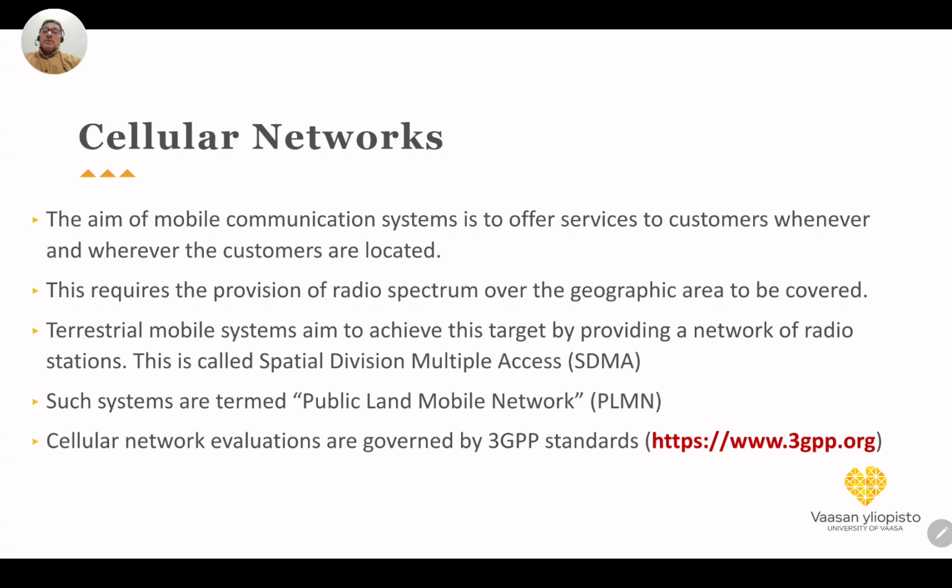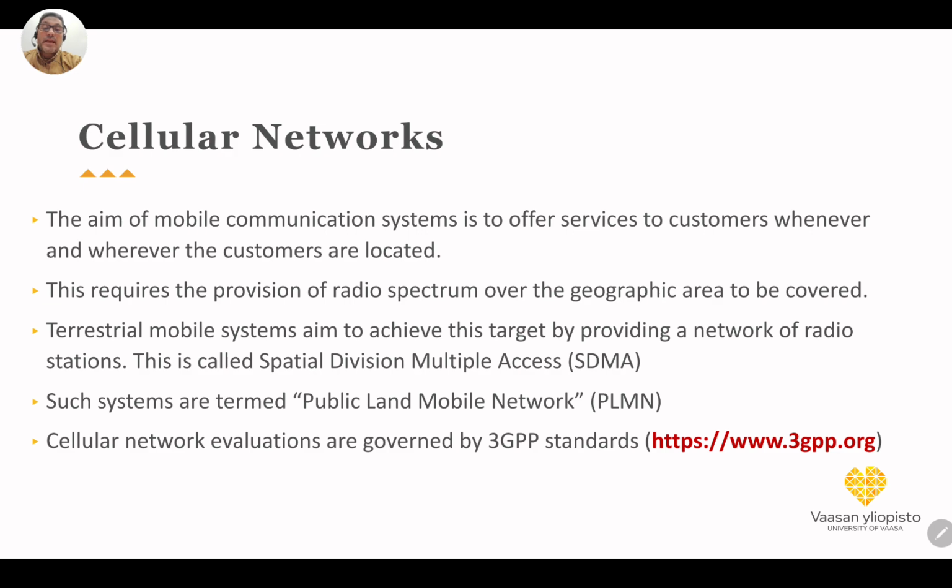Okay, cellular network. As we know, the major requirement of mobile networks is to offer service to customers whenever and wherever the customers are located. This, of course, requires the provision of radio spectrum over the geographical area to be covered. Terrestrial mobile systems aim to achieve this target by providing a network of radio stations.